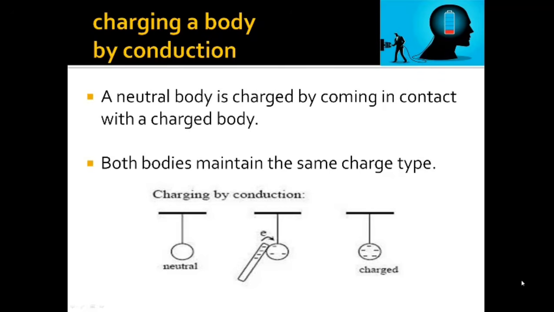When you now remove the rod, they cannot jump out of that body. What happens? More negative charges are now in that body than it used to have. So it's no longer a neutral body, but a negatively charged body. This process is called charging by conduction, where a charged body charges a neutral body by mere contact.